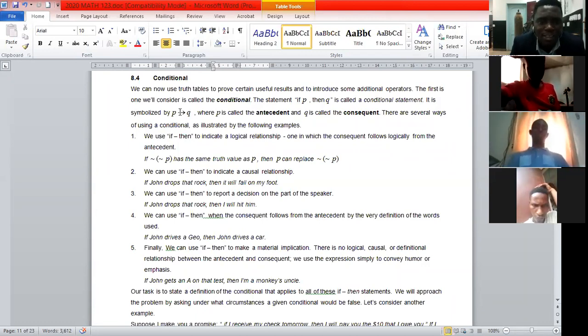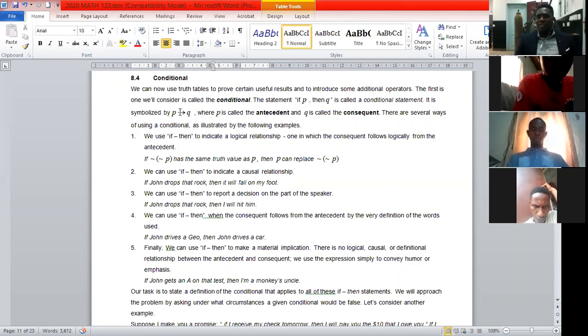For example, if the negation of P has the same truth value as P, then P can replace the negation of the negation of P. Another way is that we can use if-then to indicate a causal relationship. If John drops that rock, then it will fall on my foot. If John drops the rock, that is another way we can represent a conditional statement.